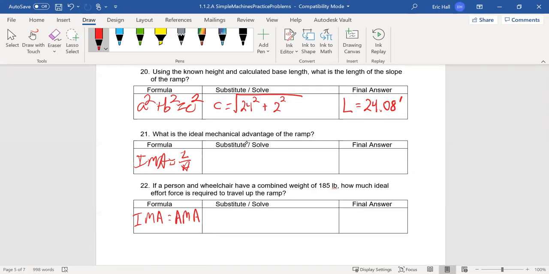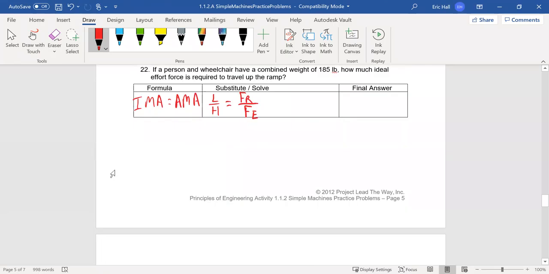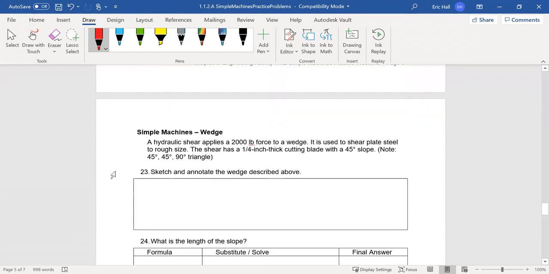You could take the exact number and plug it in, or you can say L over H is equal to FR over FE, and then plug and play, solve, and go from there. Okay, so you have your setup. I did most of the problem for you. I want you to work on filling the rest in.